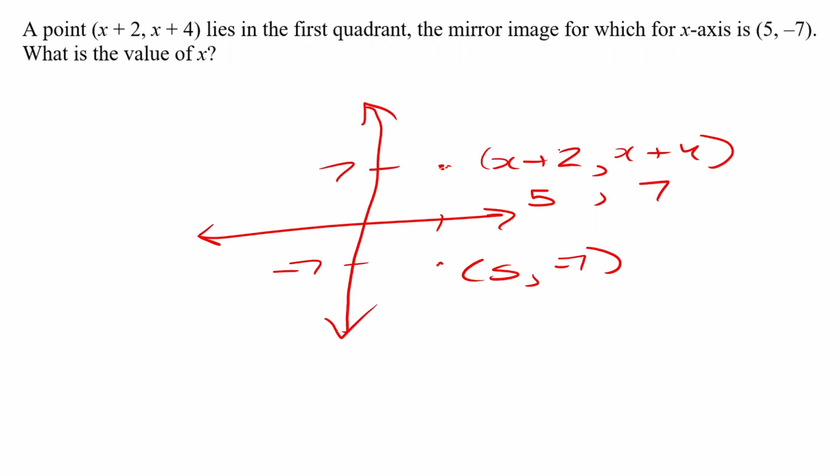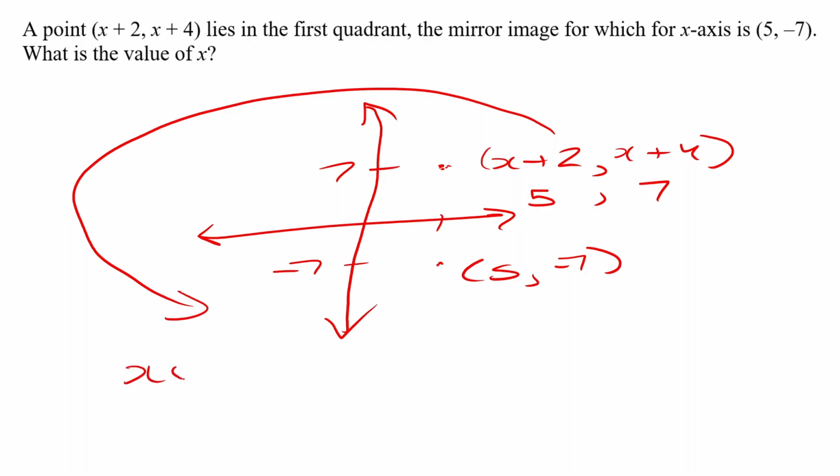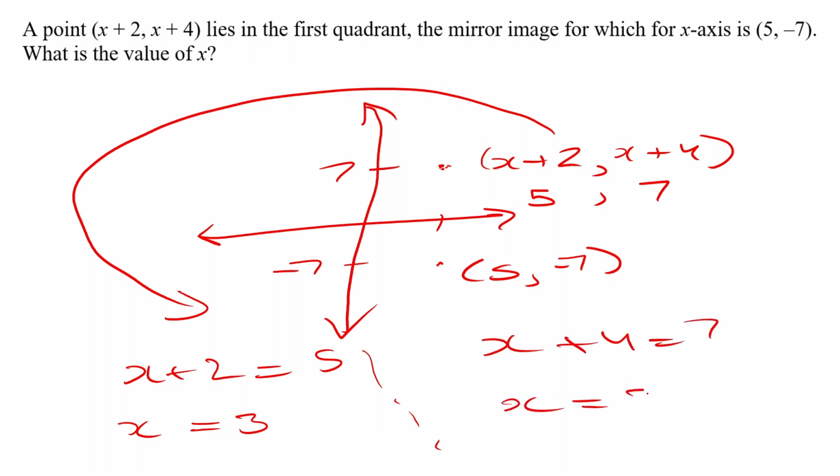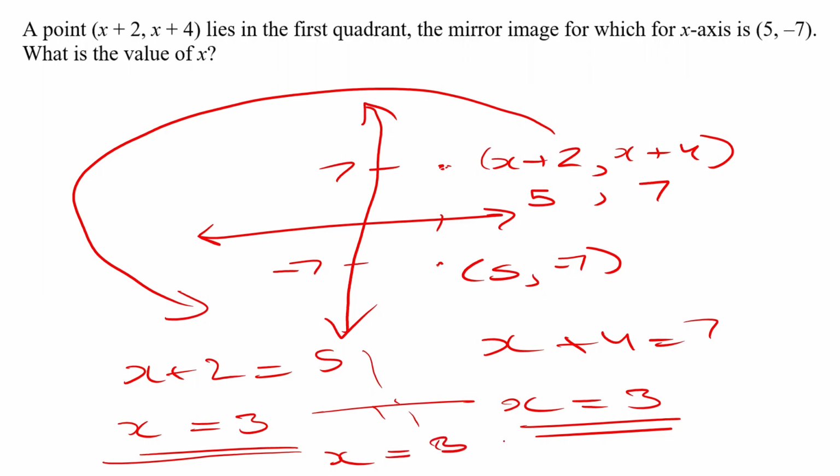Now similar to the way we did the first question, let us take it like this. x plus 2 is equal to 5, x is equal to 3. One part, x plus 4 is equal to 7, x is equal to 3. Since we've got equal values for x on both sides, the final value of x that we want is x is equal to 3.